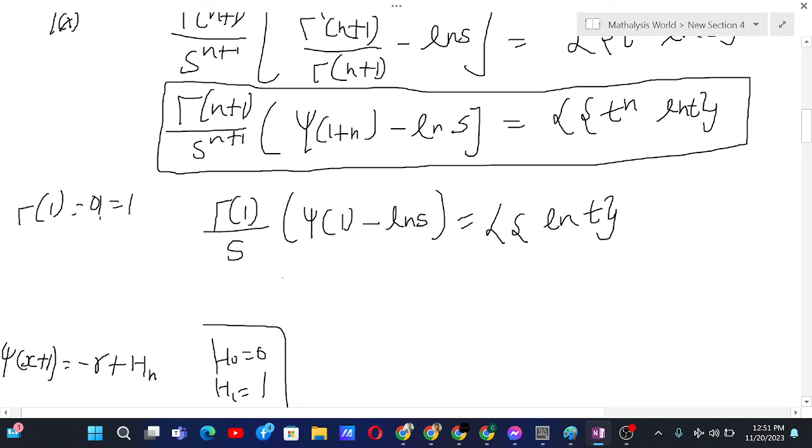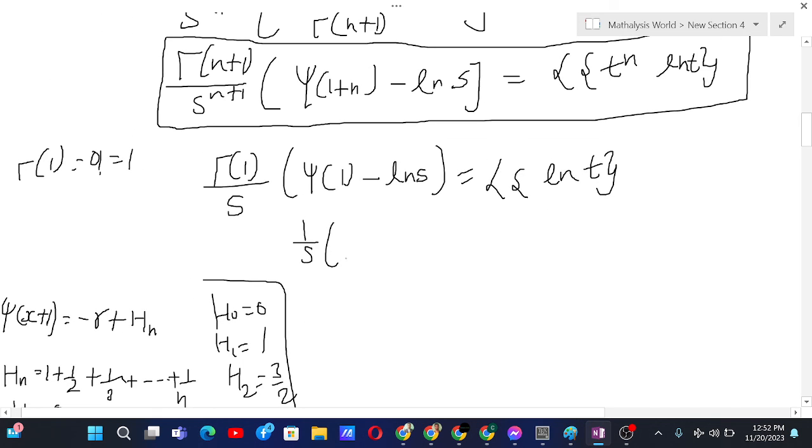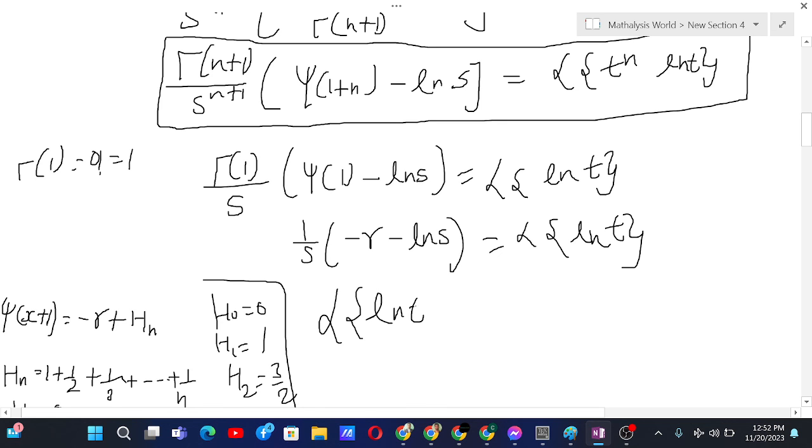So this is just 1 by s times negative of the Euler-Mascheroni constant minus ln s. So this is the Laplace transform of ln of t, and we can take the minus common out. That gives us the Laplace transform of ln t to be negative 1 by s times gamma plus ln s.